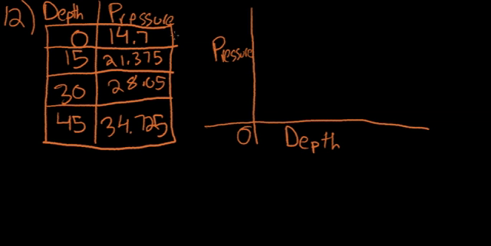So what is our graph going to look like? At depth 0, so think of this as x equals 0, and this is y equals 14.7. So when x equals 0, y is going to be somewhere around here, 14.7. Then at x equals 15, which should be around over here, it's going to be 21 point something, which would be around here.